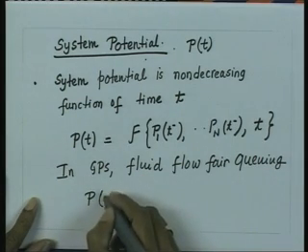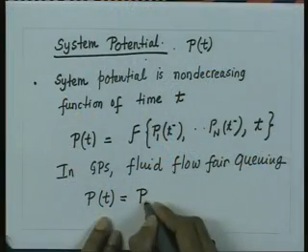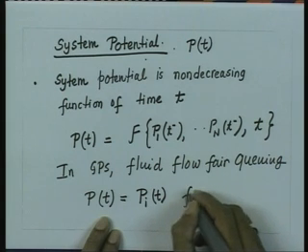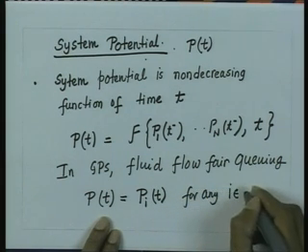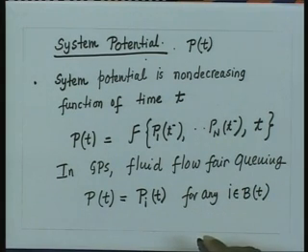Now if you look at GPS, or fluid flow fair queuing, the system potential, which in fluid flow fair queuing we call the virtual time V(t) of the system, happens to be equal to Pi(t) all the time for any session i which is backlogged during the interval.